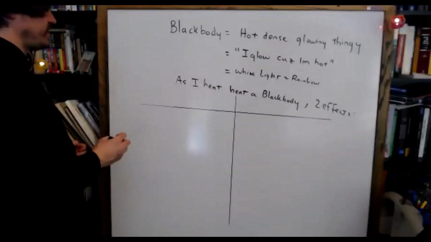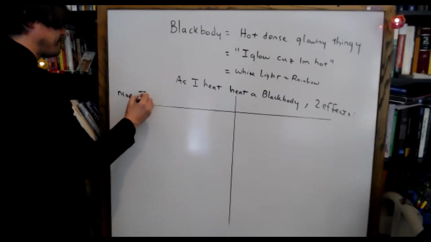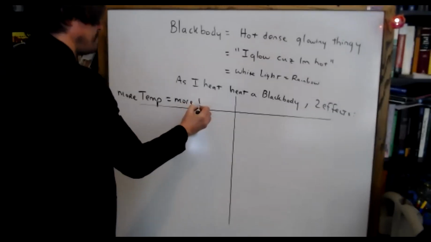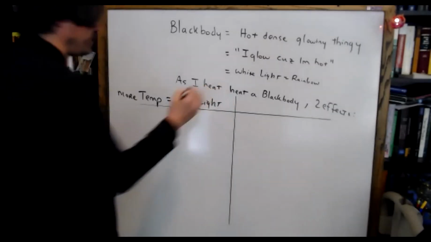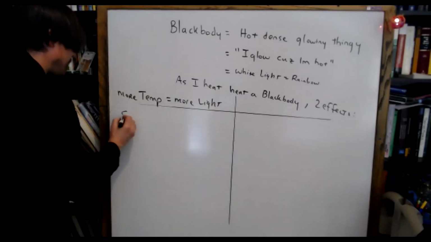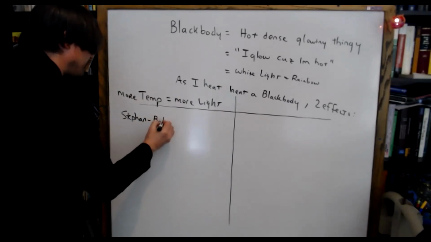The first effect is that more temperature equals more light. And this is expressed by a formula known as the Stefan-Boltzmann Law.